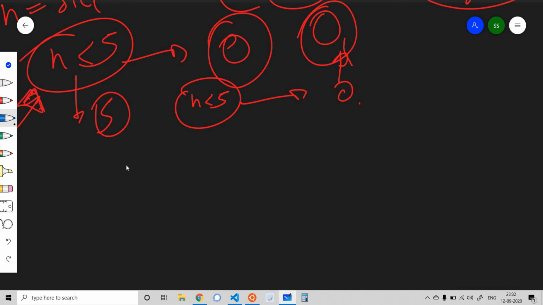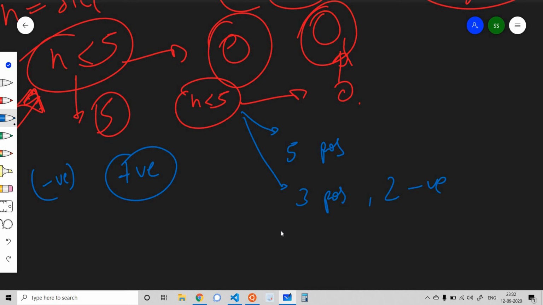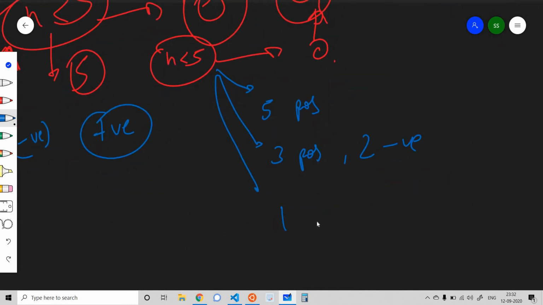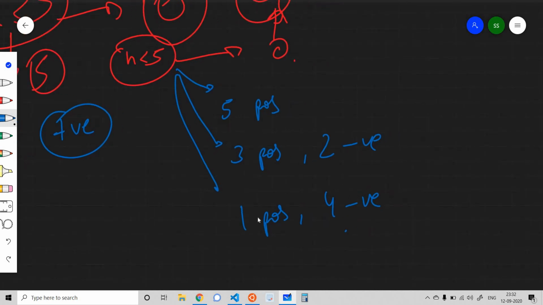Okay, so then in the other cases, if you want to find the maximum product, first of all we should try to find a positive product, as any positive value is greater than any negative value. To have a positive product, we can have the product of 5 positive numbers, or 3 positive and 2 negative numbers, or 1 positive and 4 negative numbers.